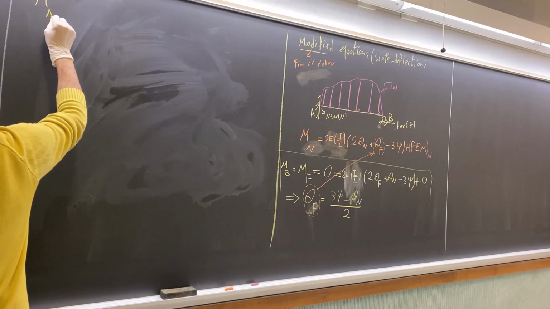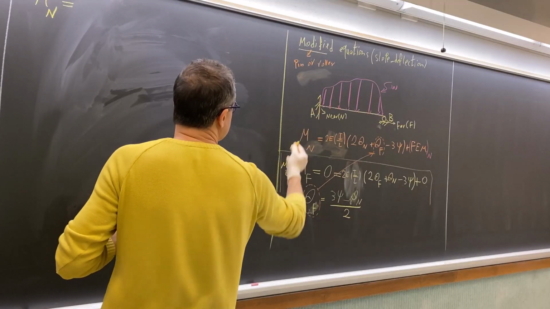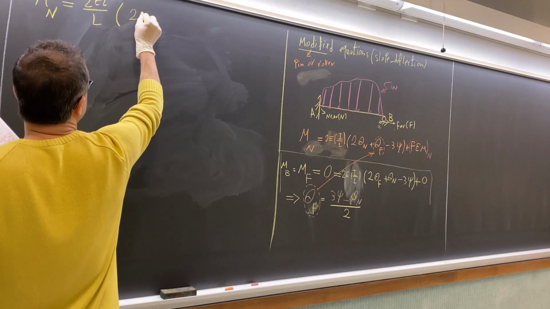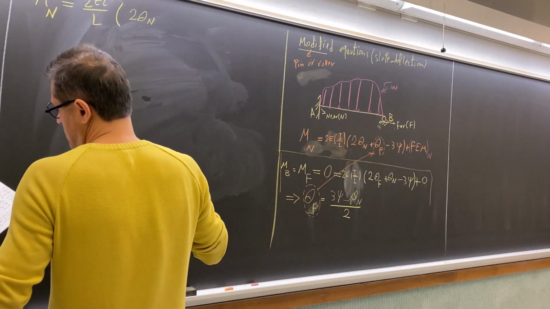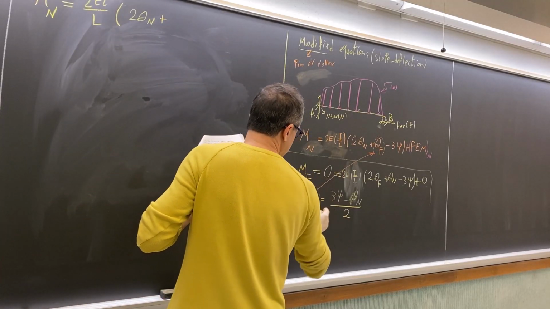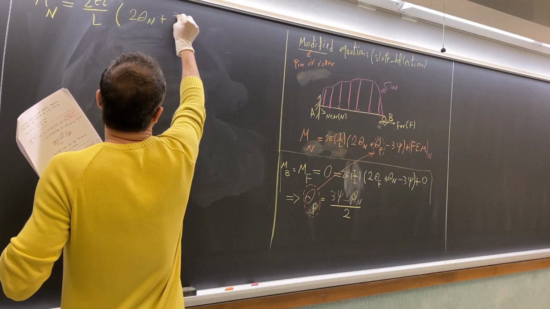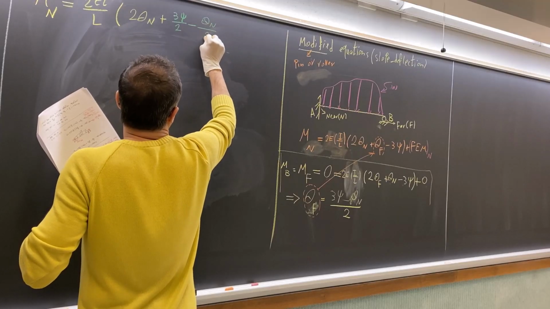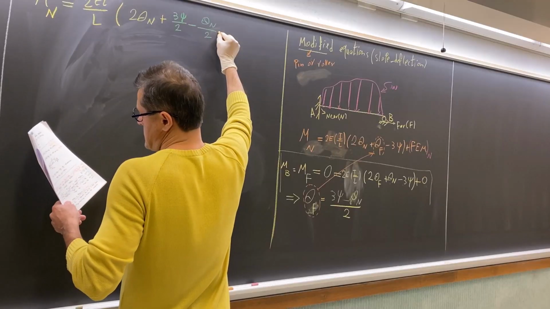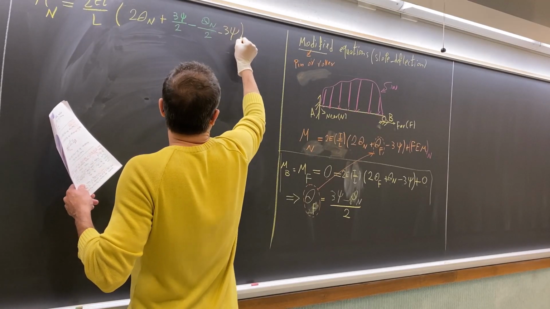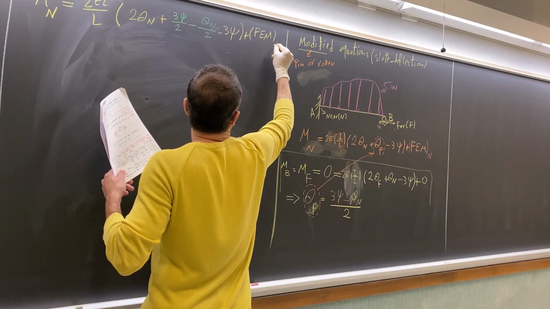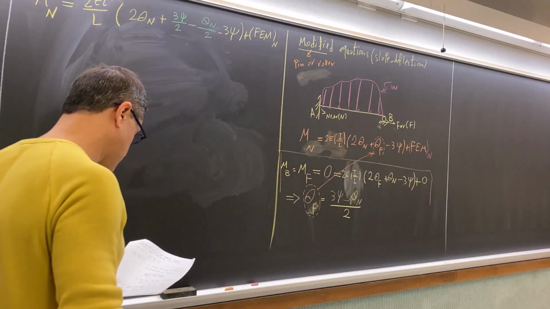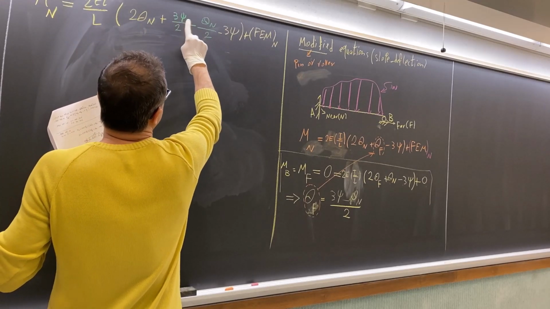Mn, the moment at the near end, which is the moment at point A, is 2EI over L times 2 theta N, plus, instead of theta F, I write 3 psi divided by 2, I write it in green color, minus theta N divided by 2, minus 3 psi, plus FEM for near N. So the green color one is theta F. And then we simplify: theta N and theta N are cancelled, psi and psi are cancelled.